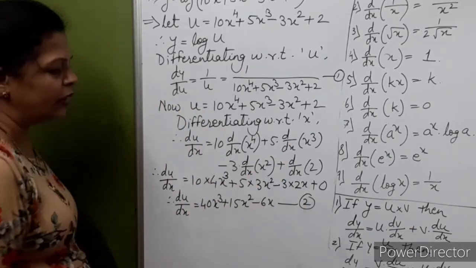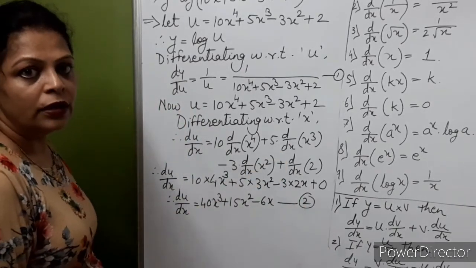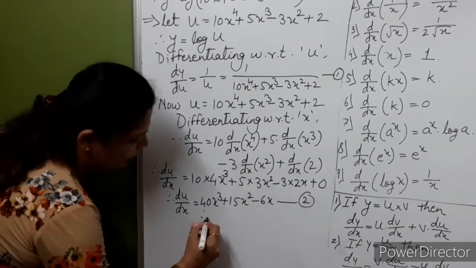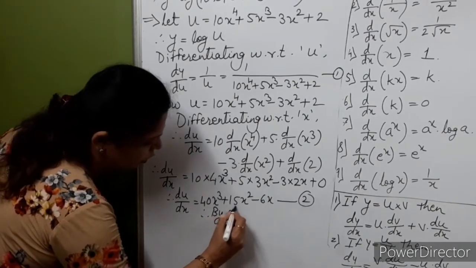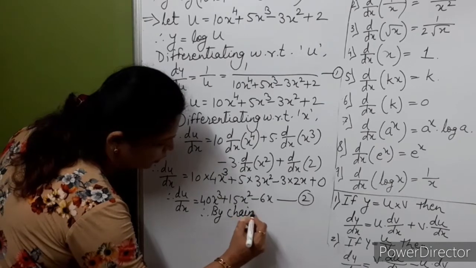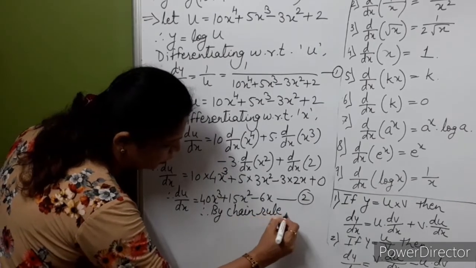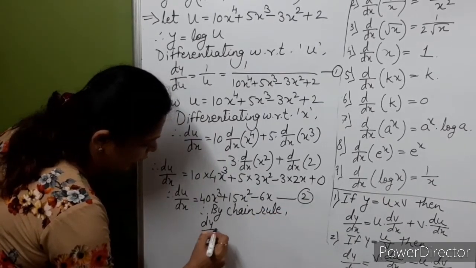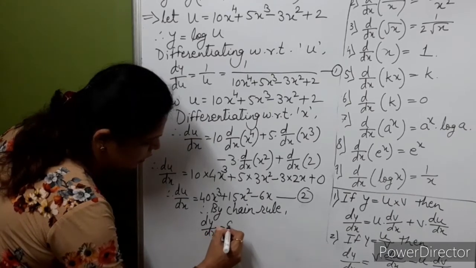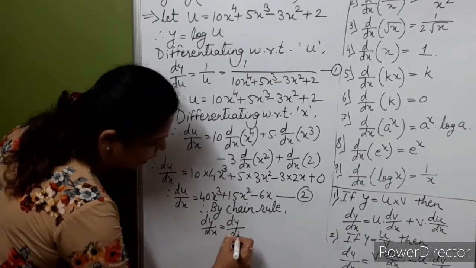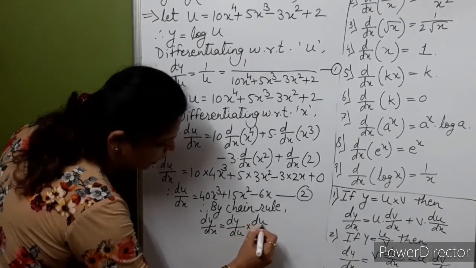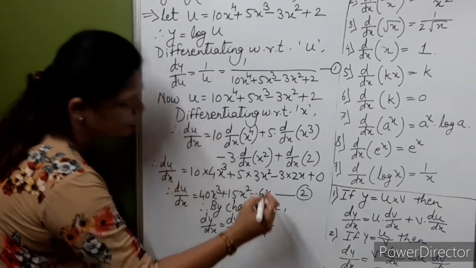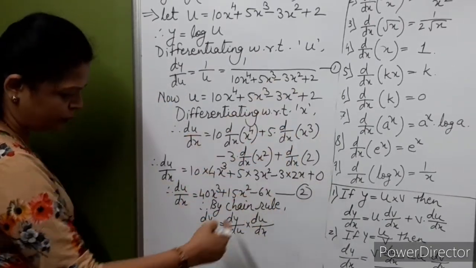So now substitute in the chain rule. Therefore by chain rule, dy by dx is equal to dy by du into du by dx. So substitute this 1 and 2.